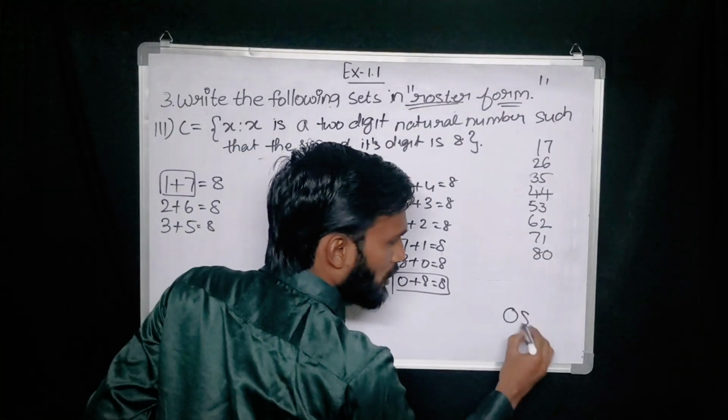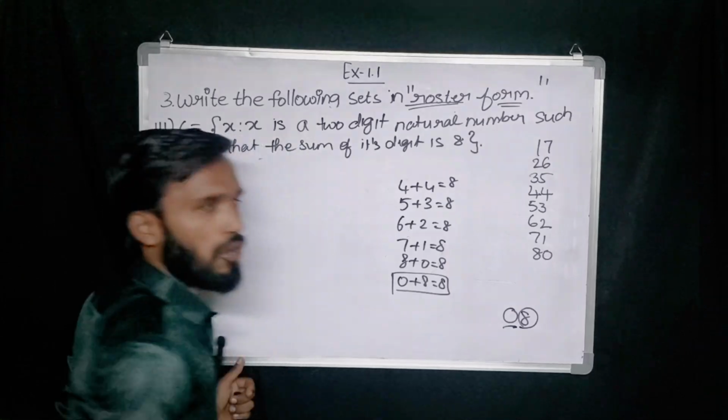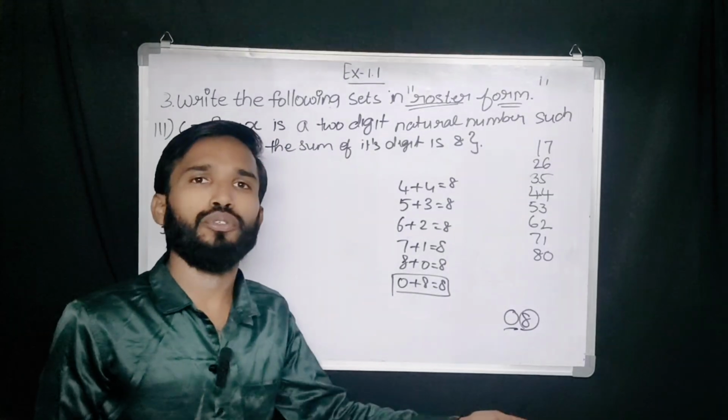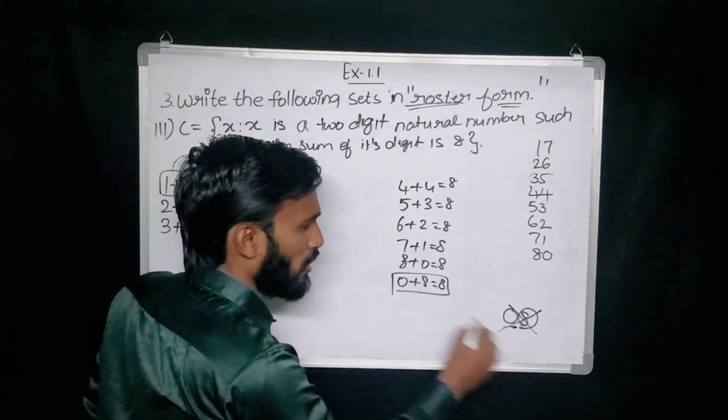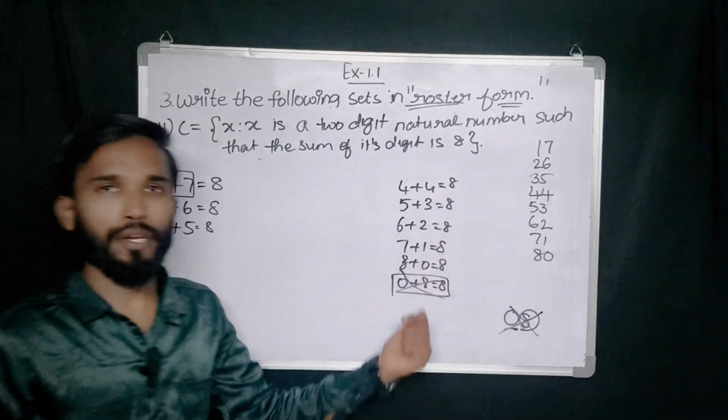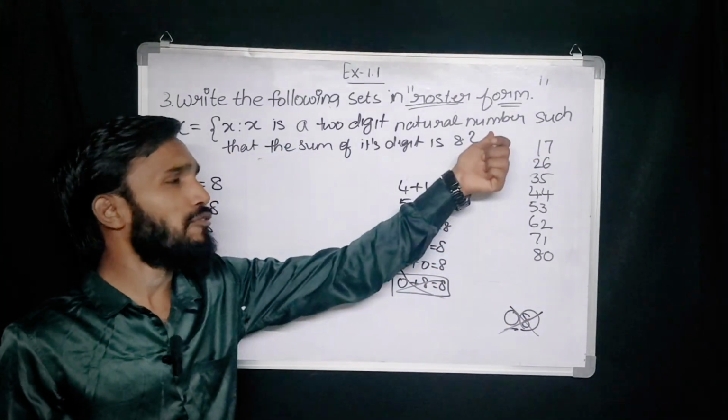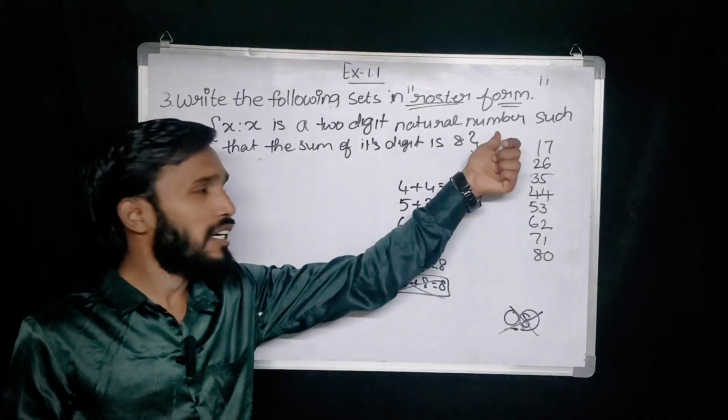Why? If you write 0 and 8, it is only 8, because 0 has no value when you write it to the left of any number. So that is a combination of 8, but that is not enough for our condition.